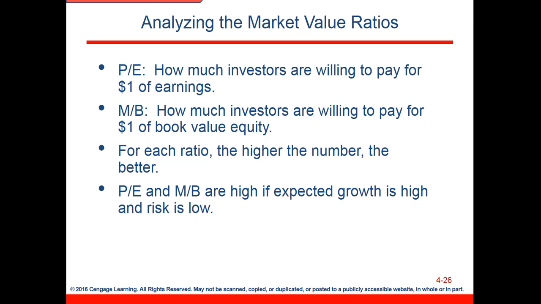The other one is market to book value, and that is how much the investors are willing to pay for $1 of book value. For each ratio, the higher the number, the better it is for the companies. If the numbers are higher, then the market is perceiving them very well, and it means that the market is expecting higher growth and better management of the company.